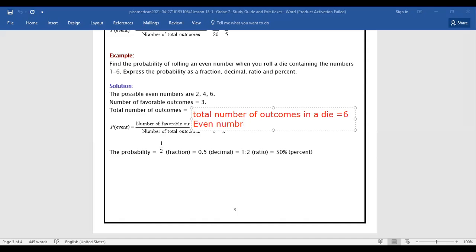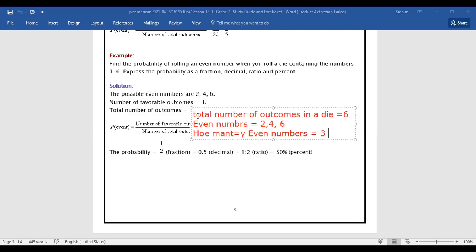Please tell me what are the even numbers in this set of data? 2, 4, and 6. How many even numbers do you have in this one? 3, right?